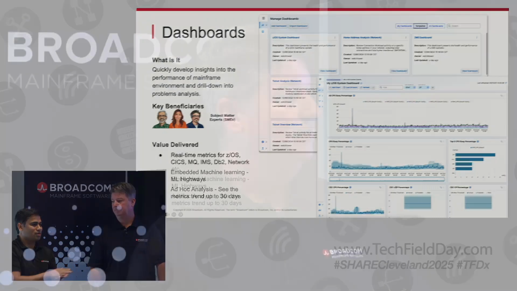So again, looking at the data that we're seeing and the dashboards that we're building out, this is extending the value of the core products that we have. When you're looking at your SysViews, your NetMasters, Vantage, you're looking at your domain-specific data. We're utilizing that same data for multiple purposes.